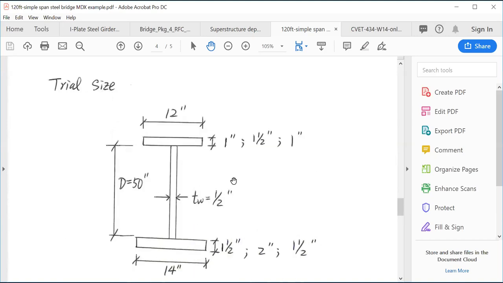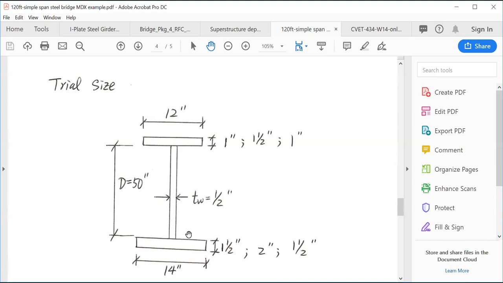Okay, so now I have a size to start with, like 12 by 1 for the top flange, the web is 50 times a half, and the bottom flange is 14 by 1.5. For an I-plate steel girder bridge, usually the bottom flange is bigger than the top flange.